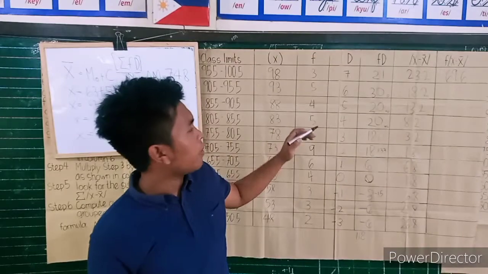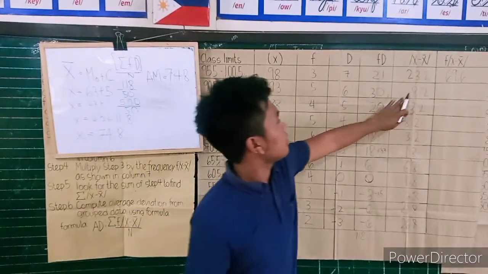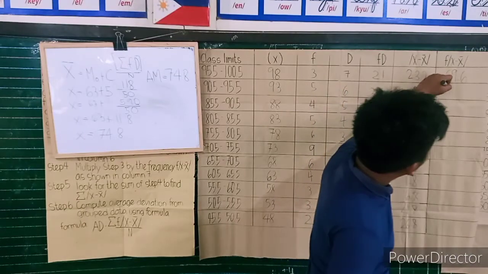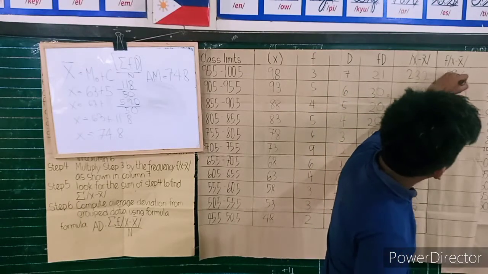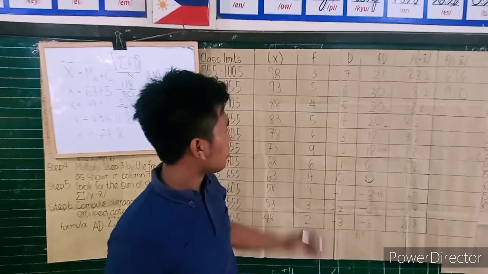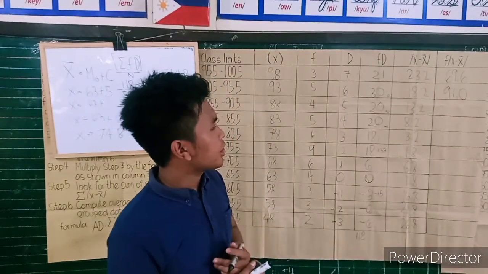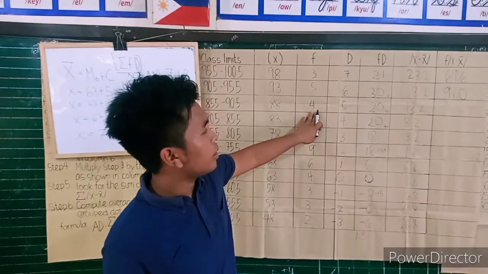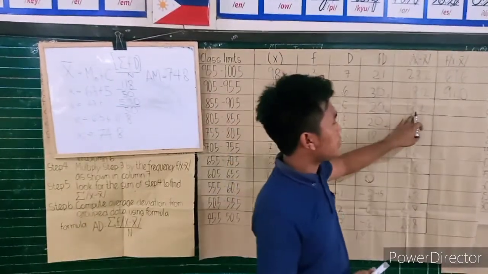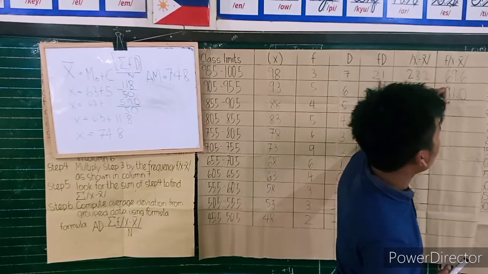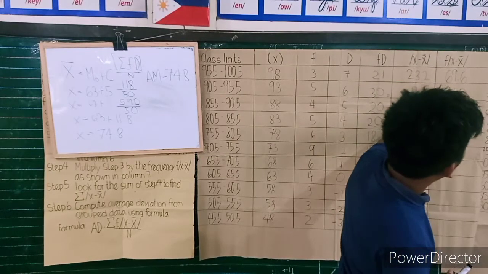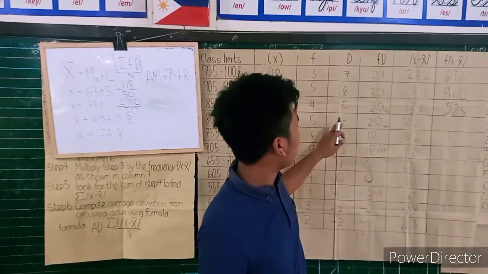So we need to multiply 5 times 18.2. We have 91.0. Okay. 4 times 13.2. Okay. Frequency 4 times 13.2. We have 52.8.